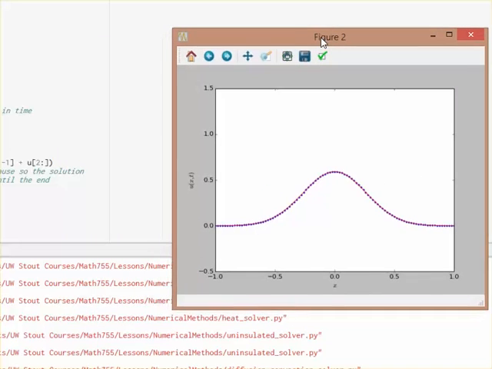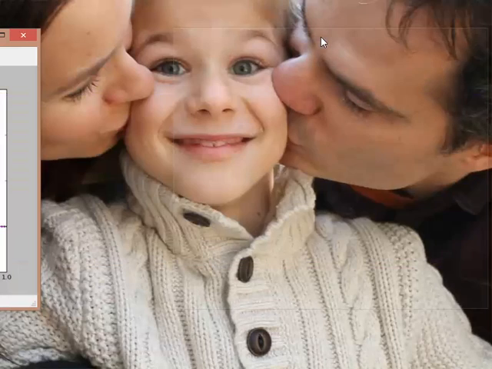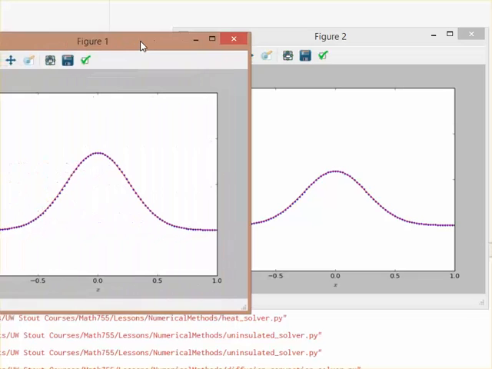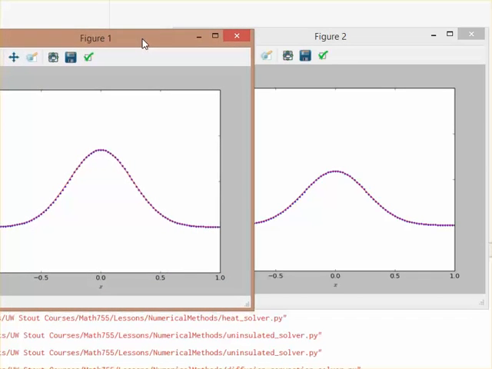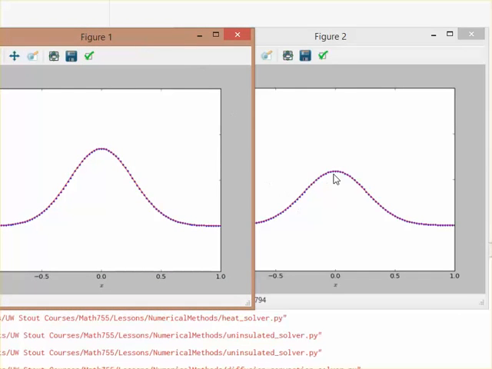So let's compare that to the regular old heat equation, and you can see that with the loss, with the minus beta u term here on the right, we had more heat loss than we had when we just had u_t equals D u_xx. So that minus beta u term resulted in more loss, and of course you'd expect that with an uninsulated rod. You're using the equation to model the fact that you have an uninsulated rod.